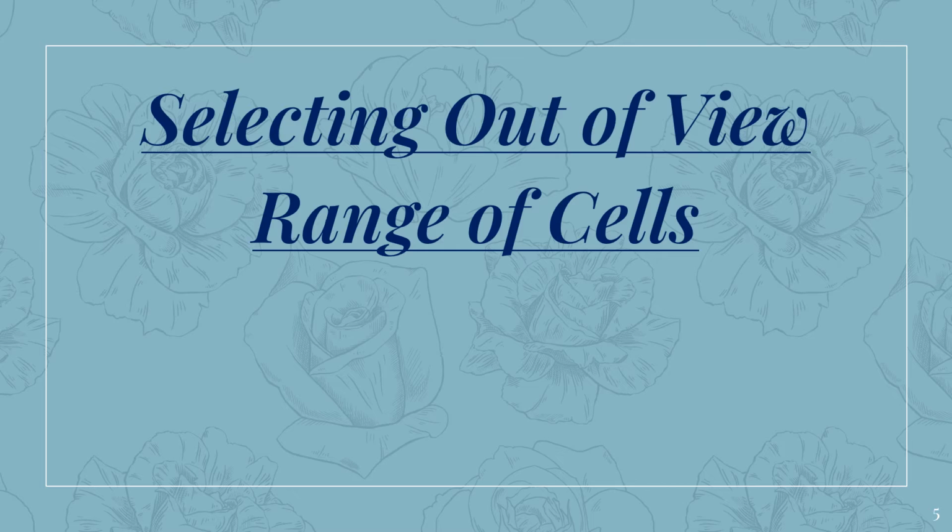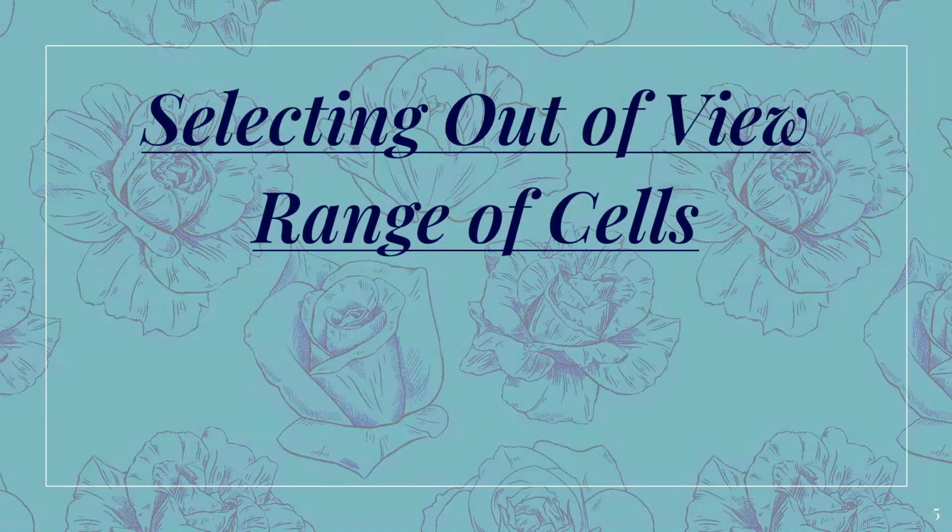Now, next is there is some data in your spreadsheet that is not in the view. So, how you can select out of view range of cells? Let's study that.